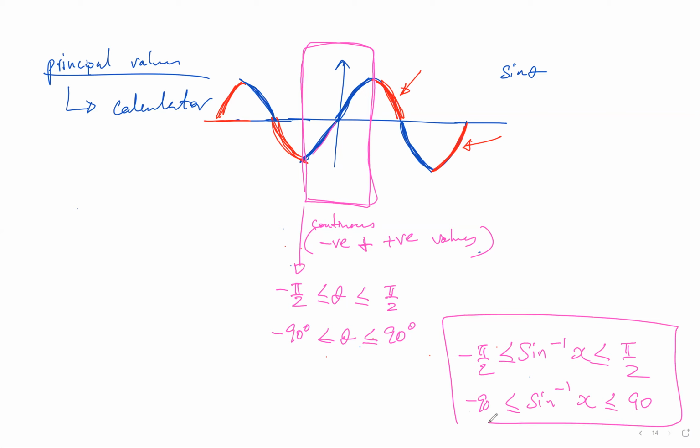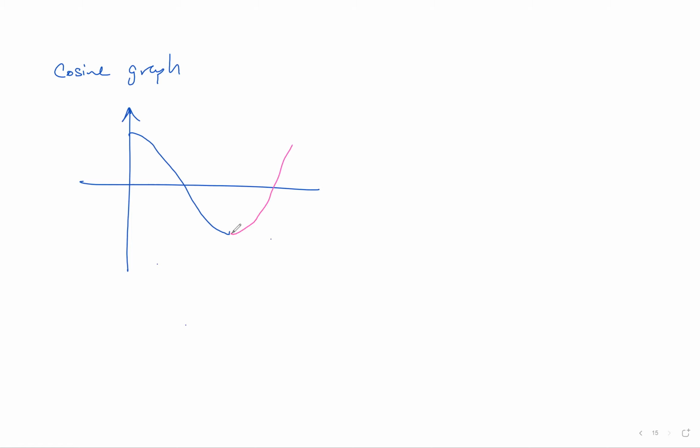So this is what we call principal values. It is bounded by this. Likewise for cosine, but cosine is slightly easier, because this value here is repeated again.